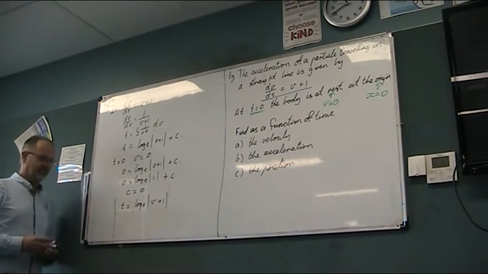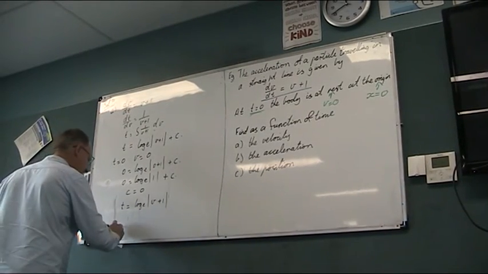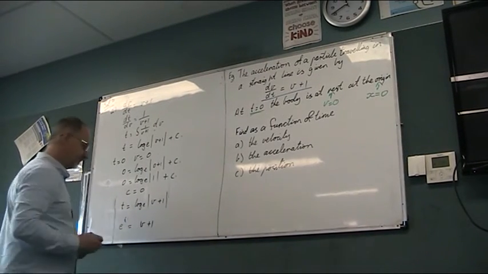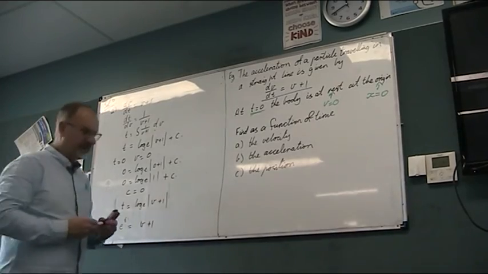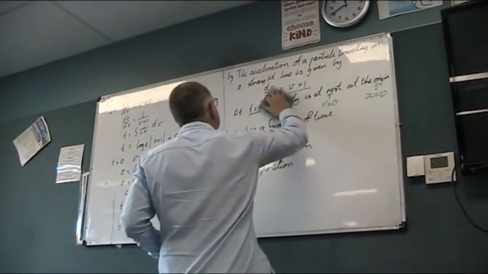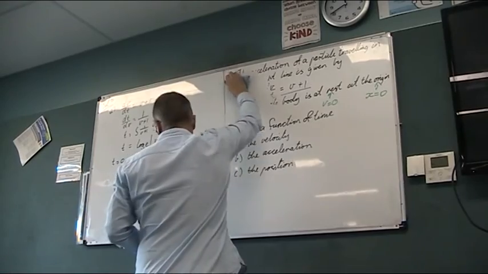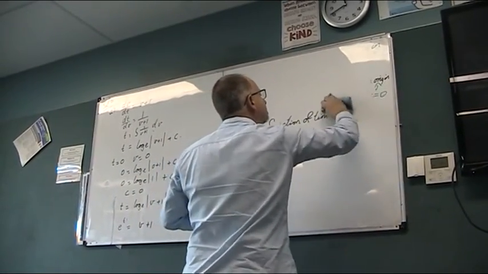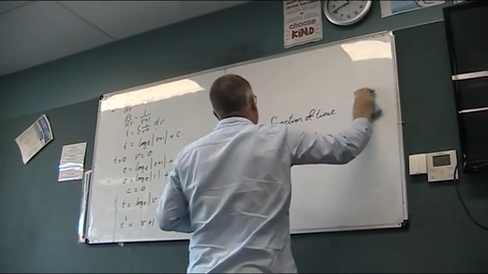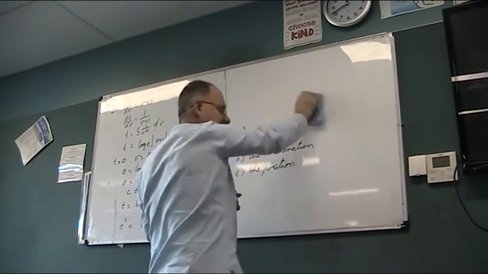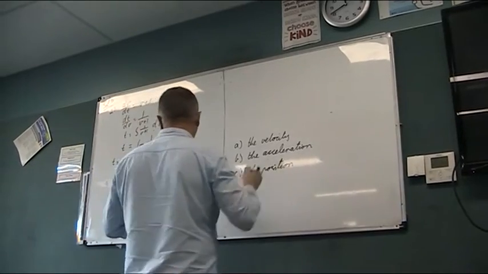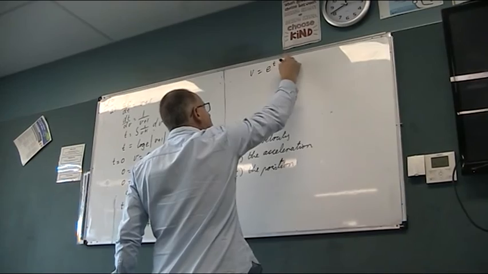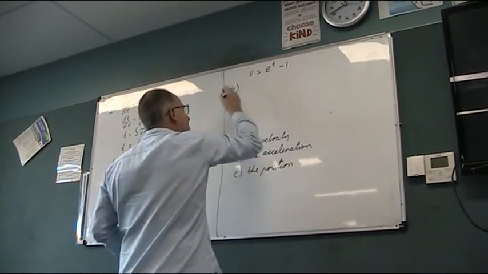Power of e. e to the power of, yeah. e to the t would be v plus 1, which would mean that v is e to the t minus 1. Yep. There we are, done.